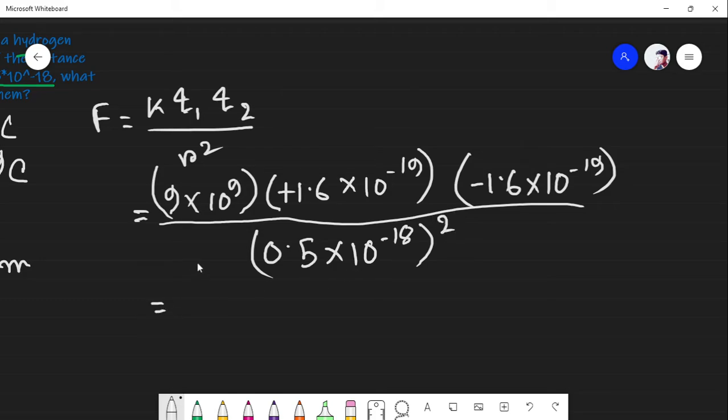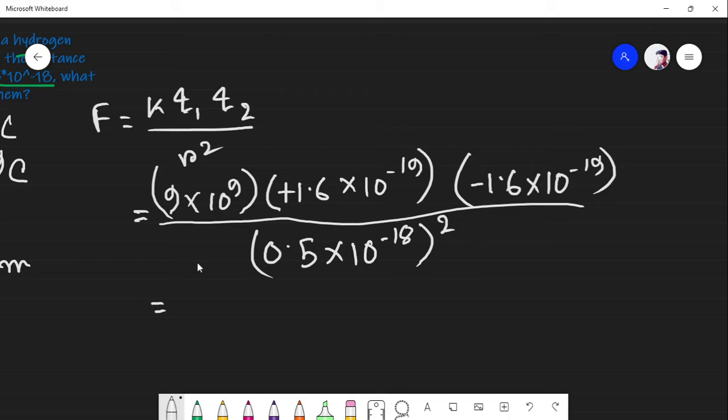So this will be equivalent to, let's calculate 9 into 10 to the power 9 into 1.6 into 10 to the power negative 19 into 1.6 into 10 to the power negative 19 divided by 0.5 into 10 to the power negative 18 whole squared.